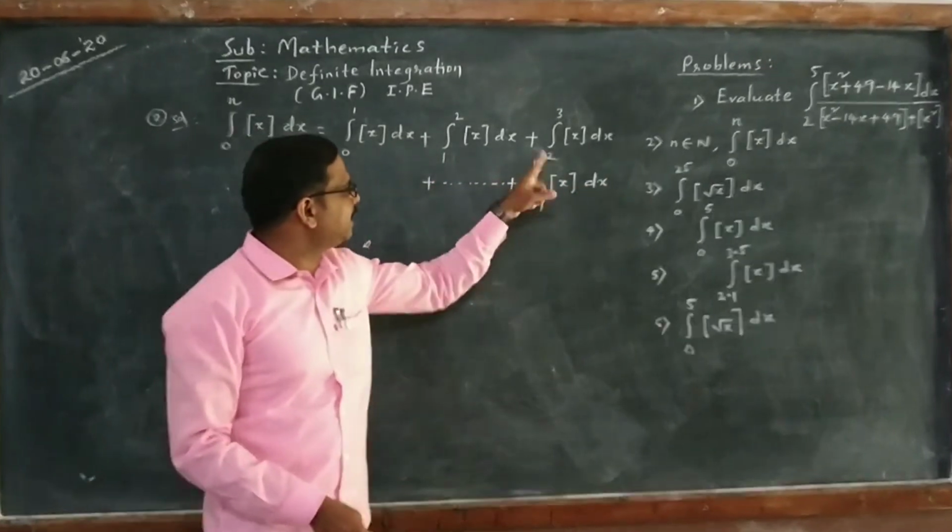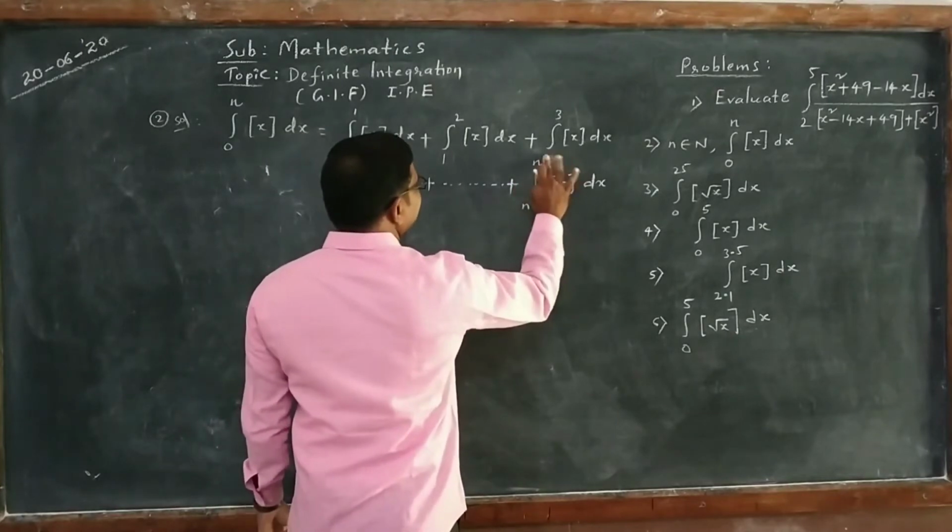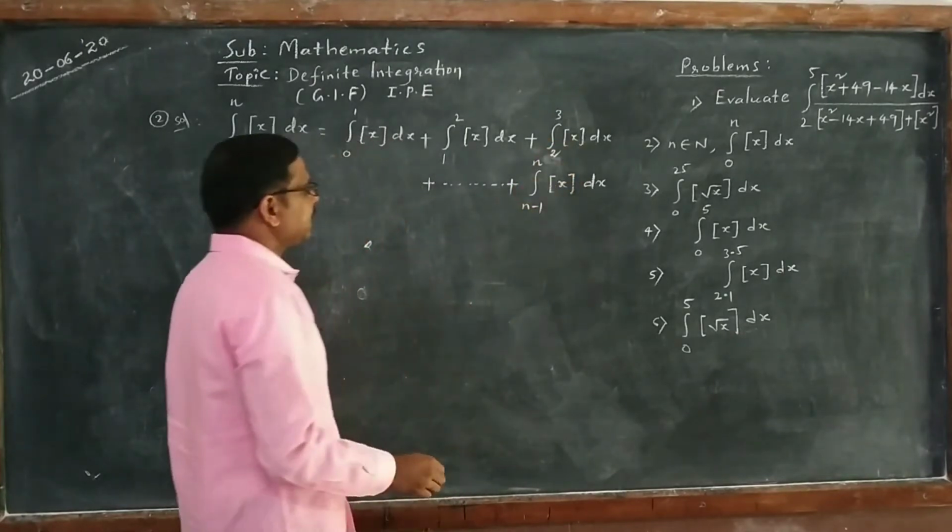Between 0 to n, n minus 1 natural numbers are there.